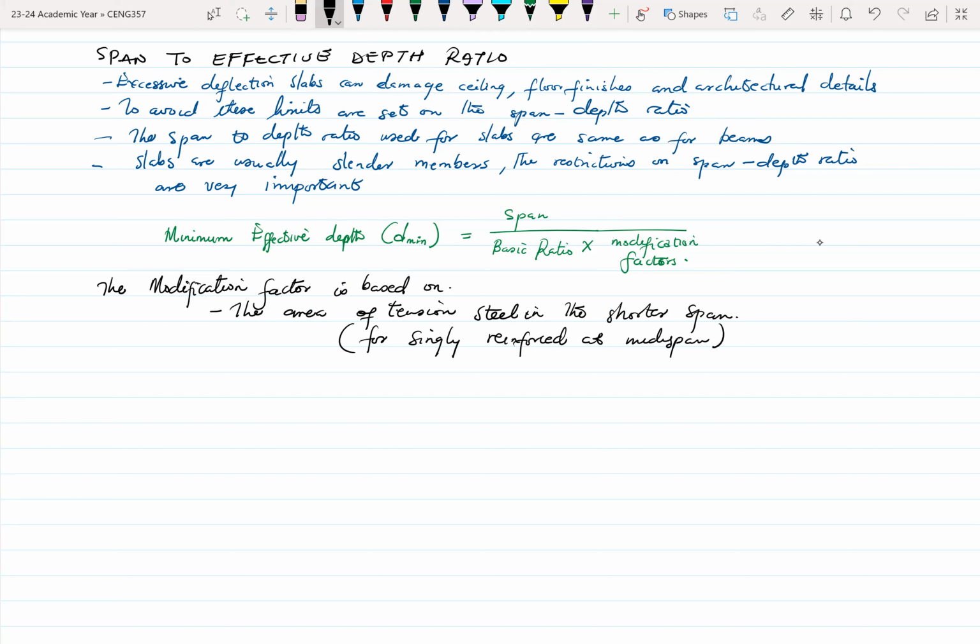Okay. Then, in the case where the slab has both top and bottom reinforcement, right? So in beams, that would have been tension and compression, all right?